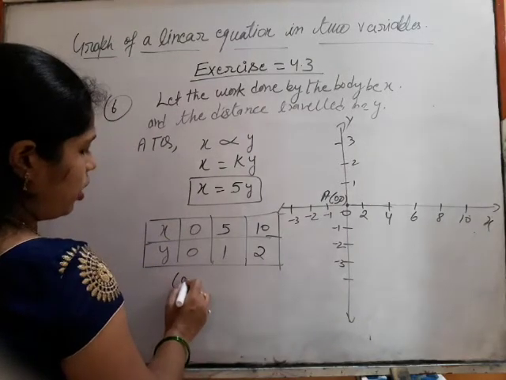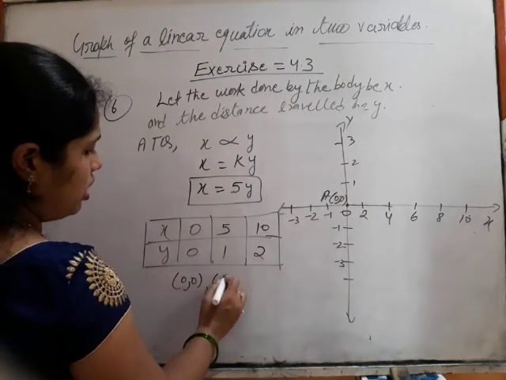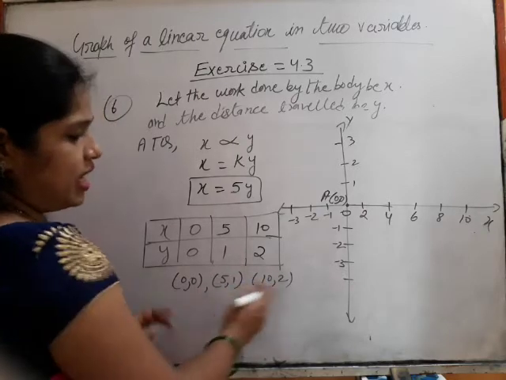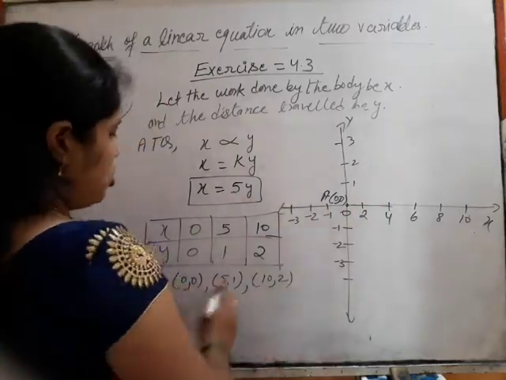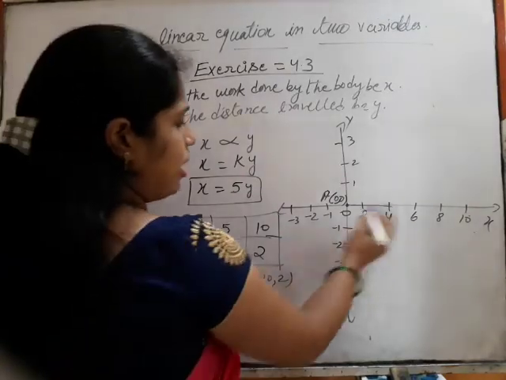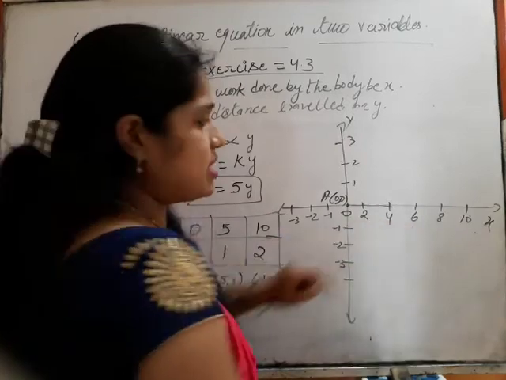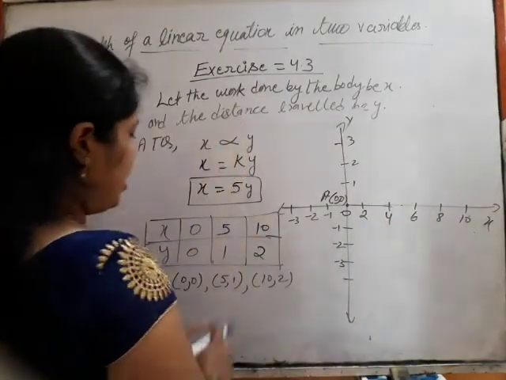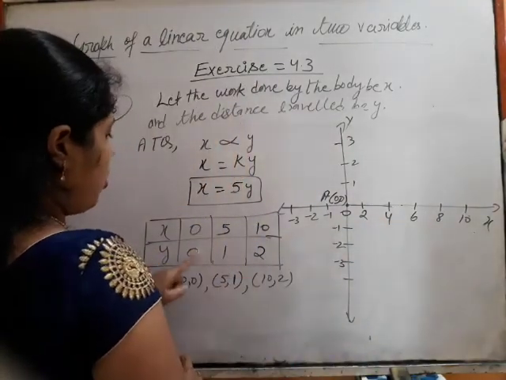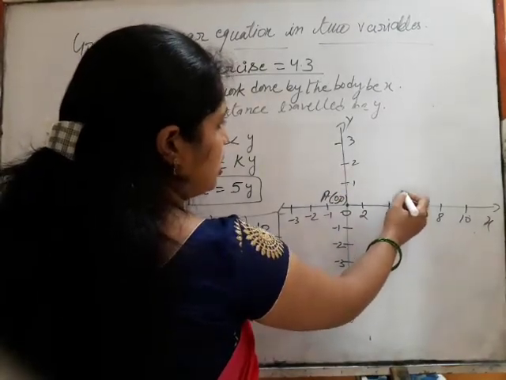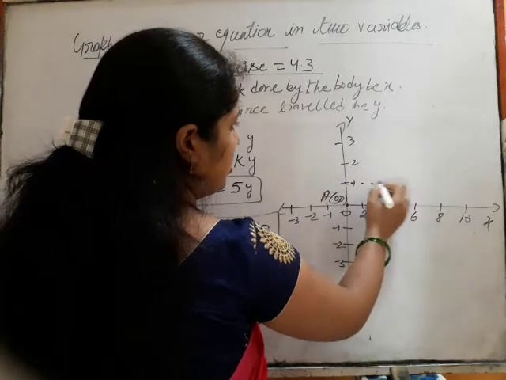Here I am writing the coordinates also: 0, 0; 5, 1; and 10, 2. These 3 points we have to plot here. So the second point is 5 and 1. The value of x will be 5, which will be in between 4 and 6. And the value of y is 1, which is here. Okay. So let us draw the perpendiculars.